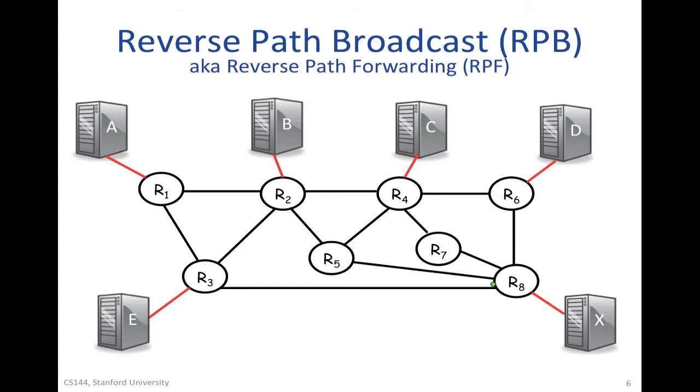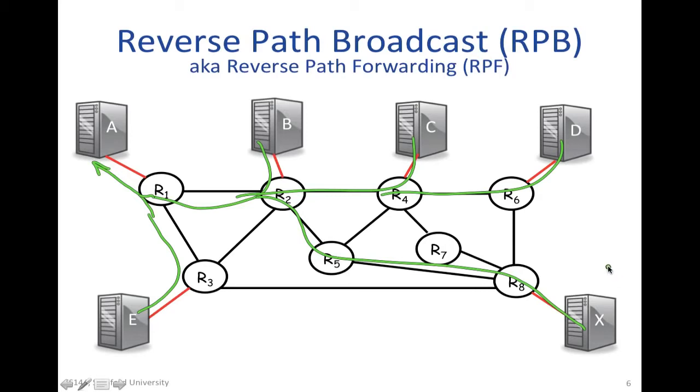For example, R1 already knows what the minimum cost spanning tree is for all of the packets going towards A. So there is essentially a minimum cost spanning tree in the network that has been built by all of the routers together on how to reach A. So A can use that as a loop-free method in order to deliver packets to everybody else.